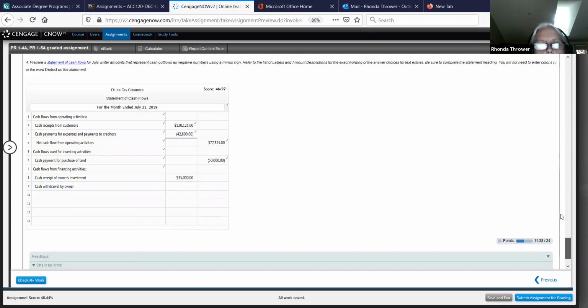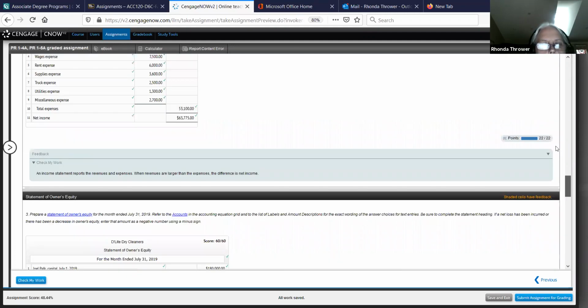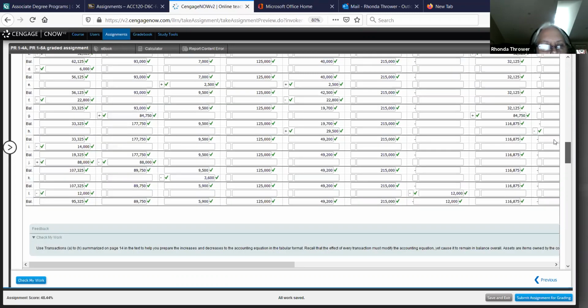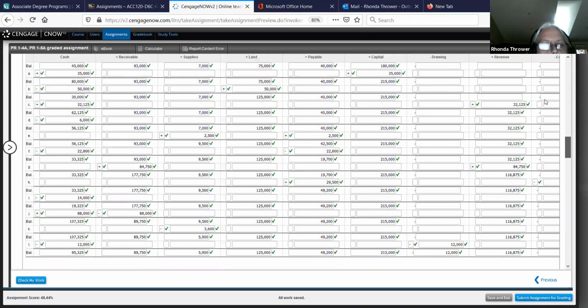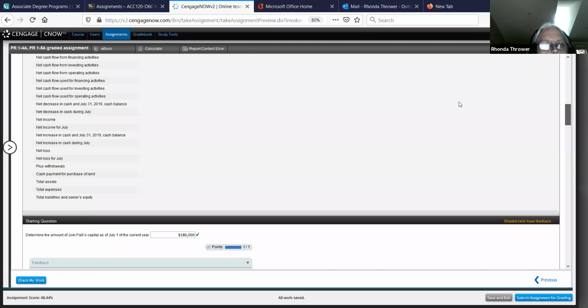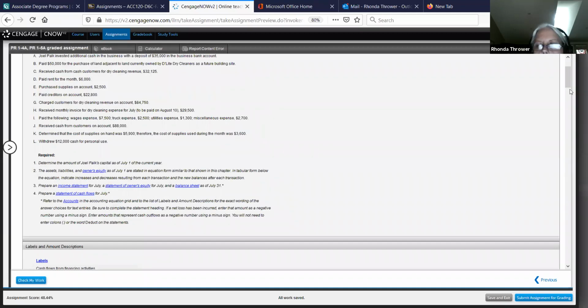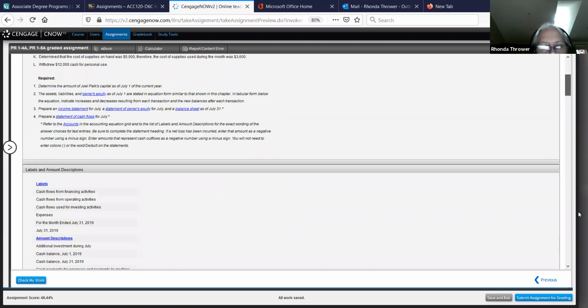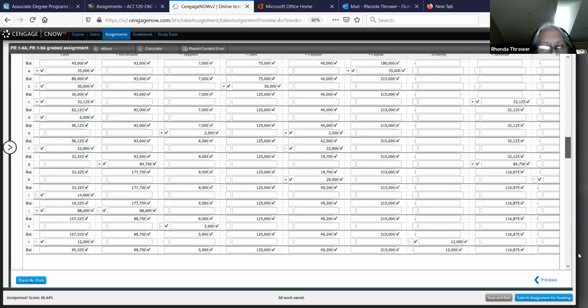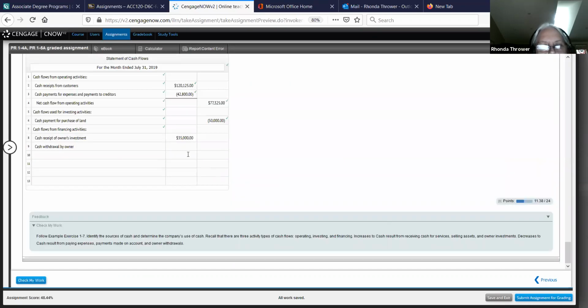And the amount of that withdrawal was $12,000. It came from the last transaction. And that would have decreased your cash account. So you need to make sure you put in a minus sign and 12,000 there.